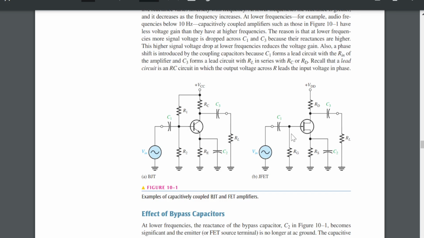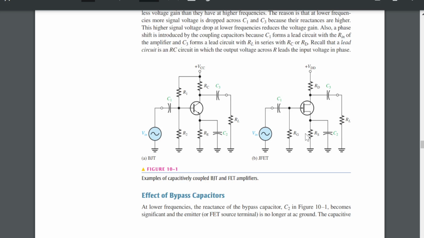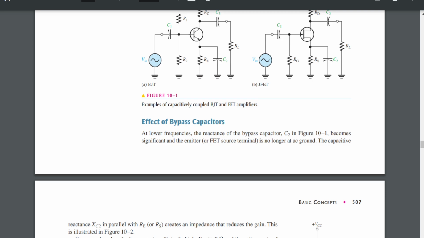The process of this JFET is the same as the previous BJT, with no big difference. Now we go towards the effect of the bypass capacitor.